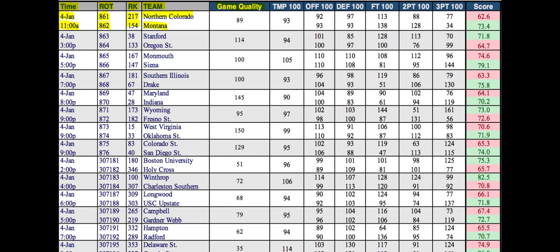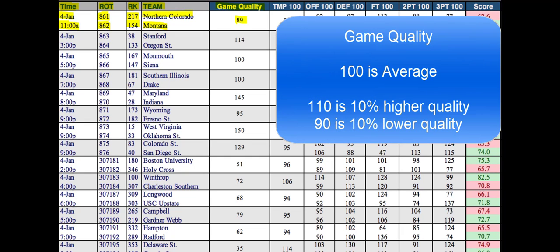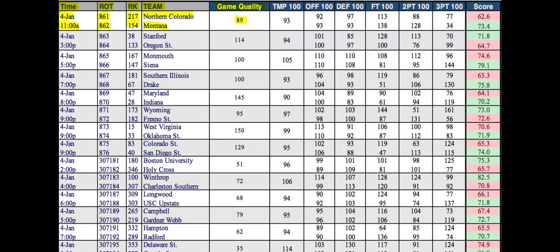So this Northern Colorado and Montana game would be an 89, meaning that's 11% below average game quality. And the reason for that is because both of these teams are ranked in the bottom half of college basketball according to our model. And the teams aren't necessarily ranked all that close together. And those two things make for a poorer game quality rating.